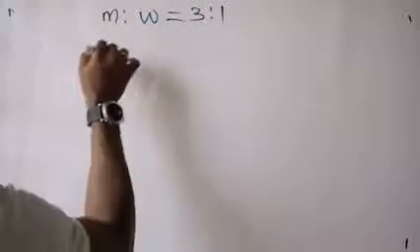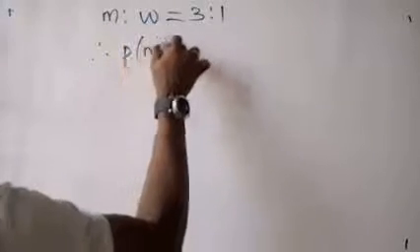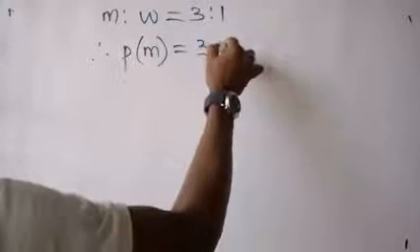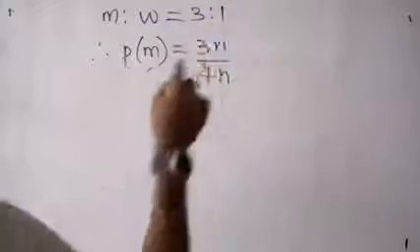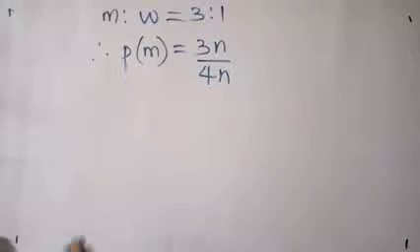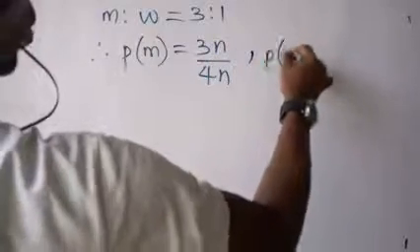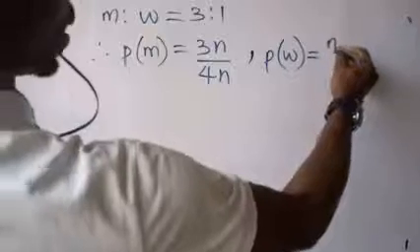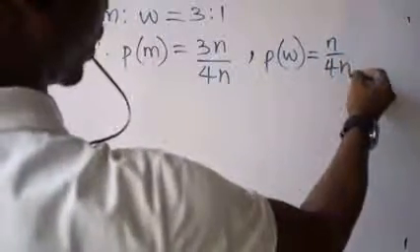So that tells us that the probability of picking a man equals 3n/4n. And look at the ratio there. Then the probability of picking a woman will also be n/4n.